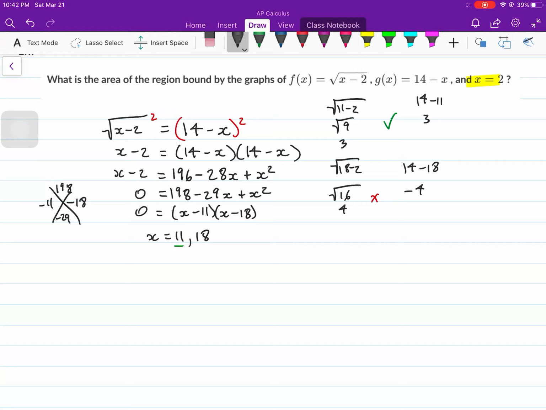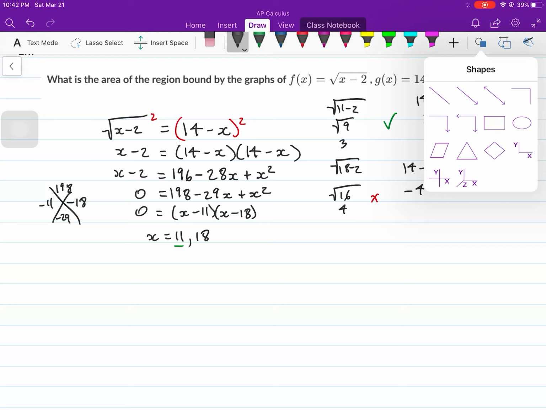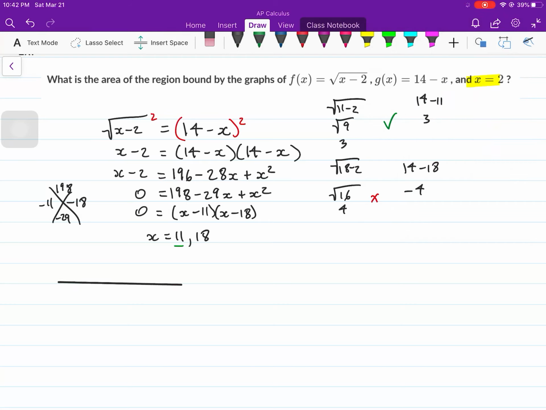So let's go ahead and figure out which one is our top function. So we'll put f of x on the top, g of x on the bottom, and we're just going to test and see which one's greater than the other. And we're going from 2 to 11. So I'm going to pick a number that's easy to test that we know we can square root. So let's try 6, f of 6.